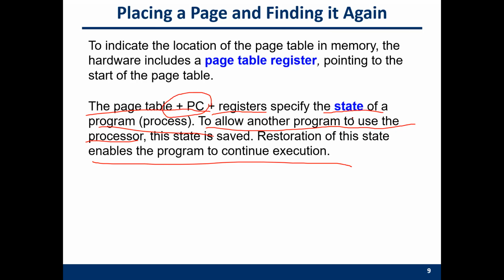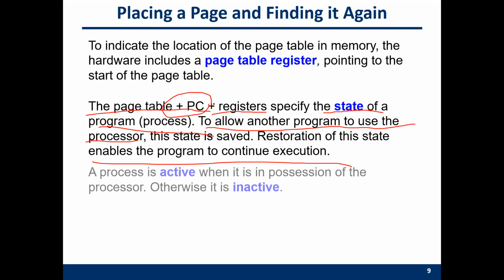Application A has its own value of the program counter, so it has its unique page table starting address. Application B has its unique PC value. By having different PC values, each application has its unique page table starting address.